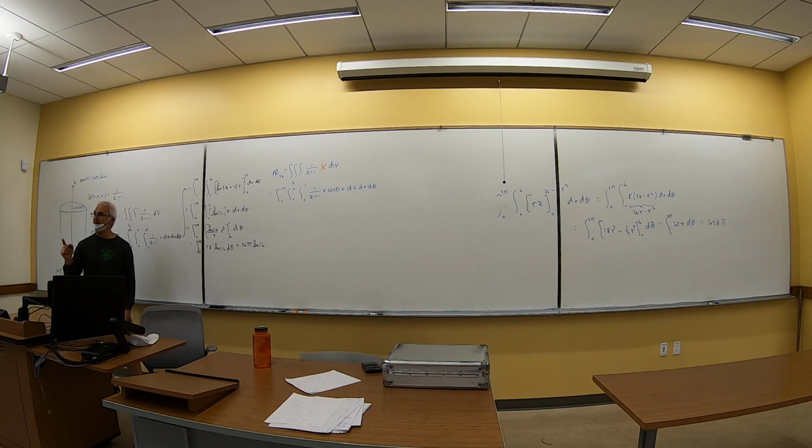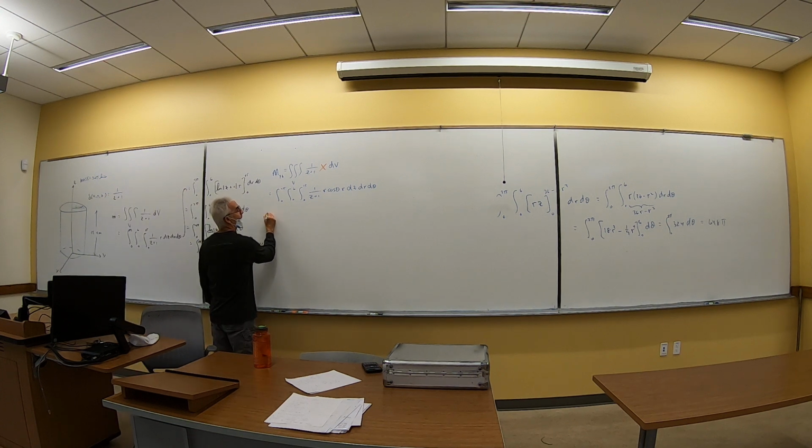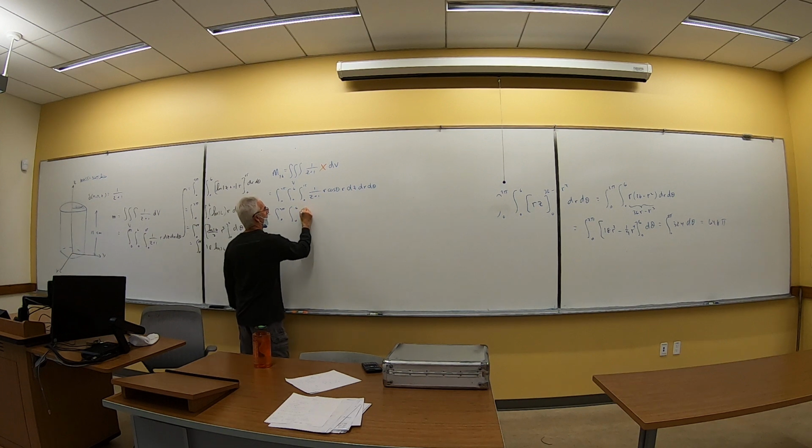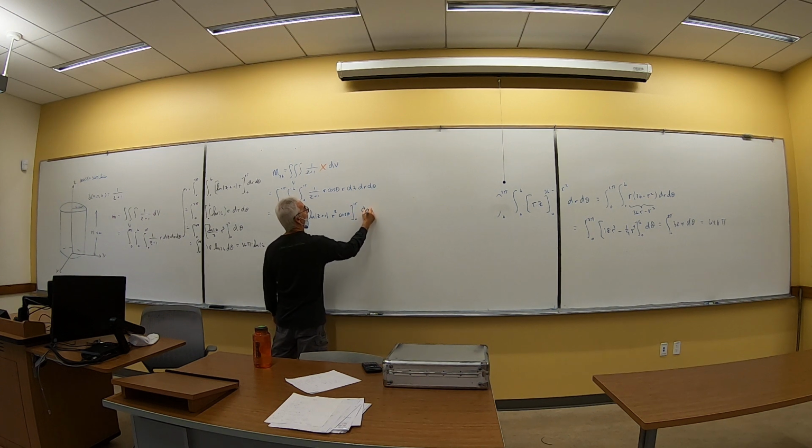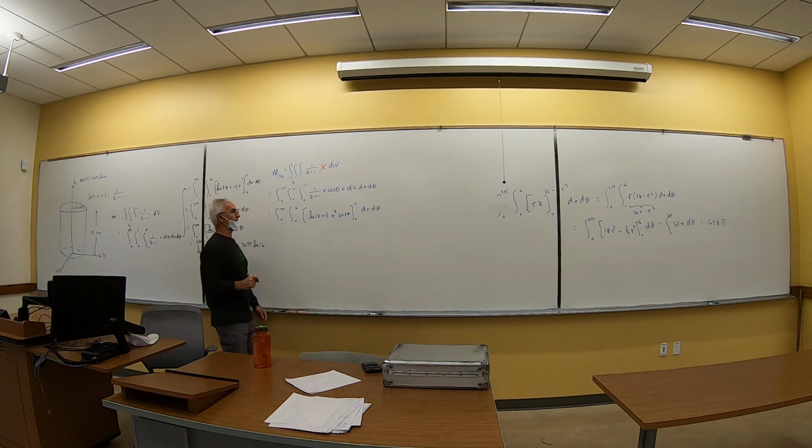But I'm still doing the z first. Everything else is still treated as a constant, so I'm still going to get the logarithm that I just got a moment ago. So this is going to be log absolute value z plus 1 r squared cos theta, again from 0 to 15 dr d theta.